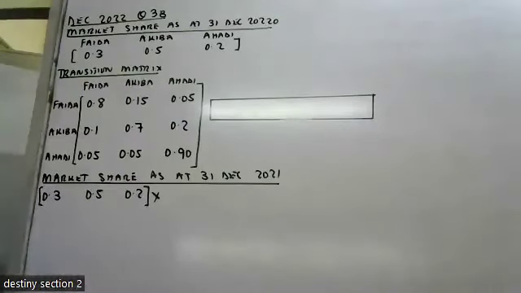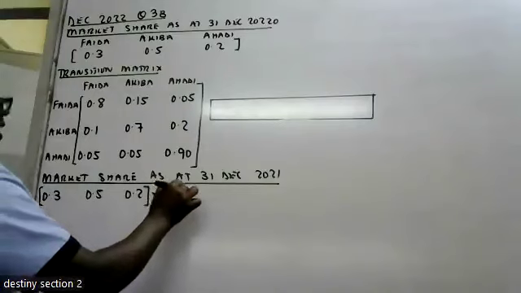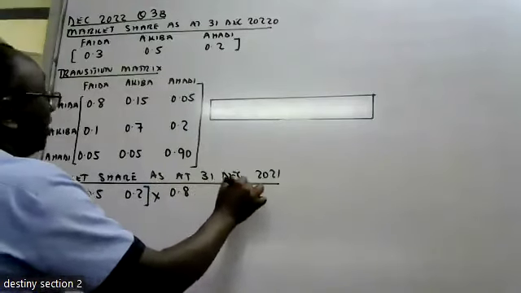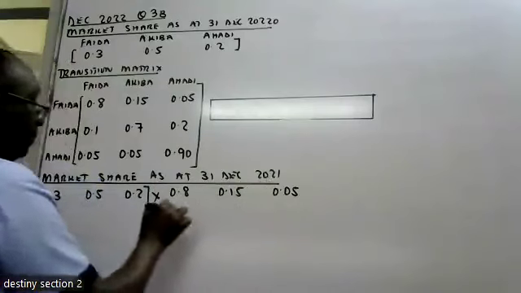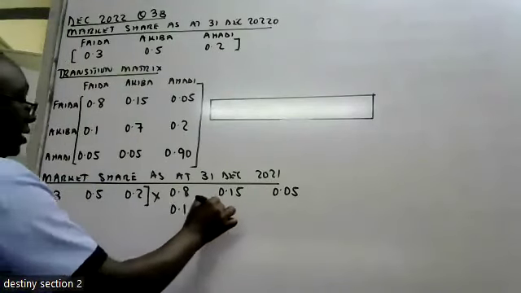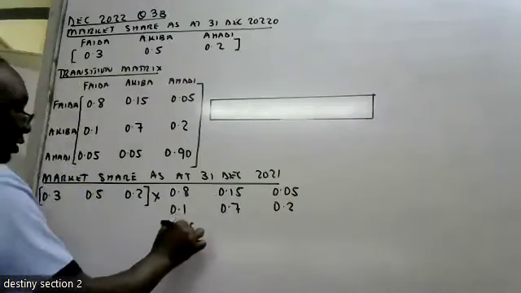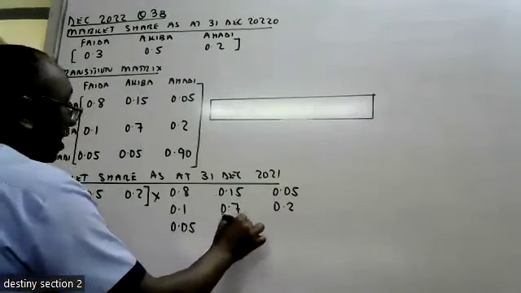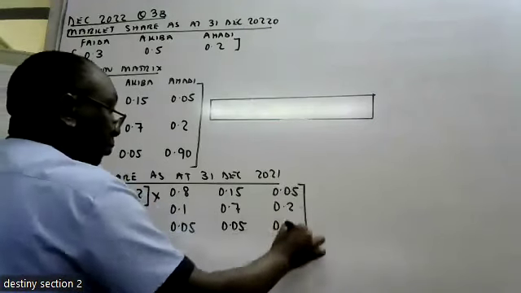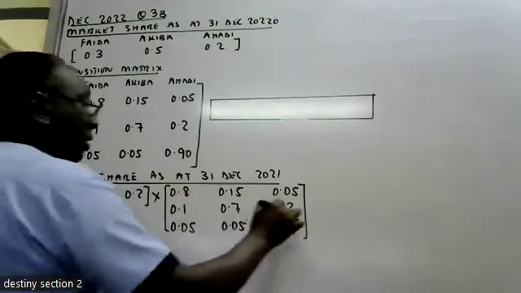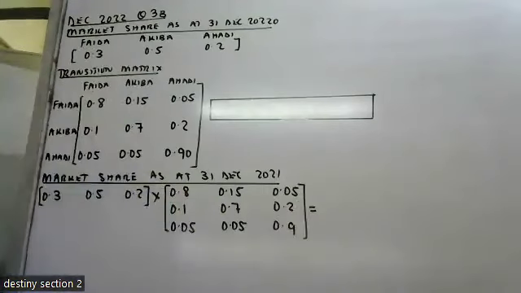You multiply with the transition matrix, which is 0.8, 0.15, 0.05; 0.1, 0.7, 0.2; 0.05, 0.05, and 0.9. So we just multiply. So take a calculator.